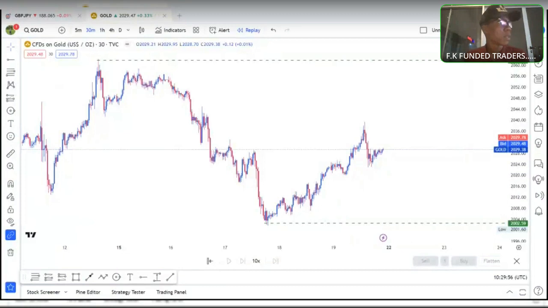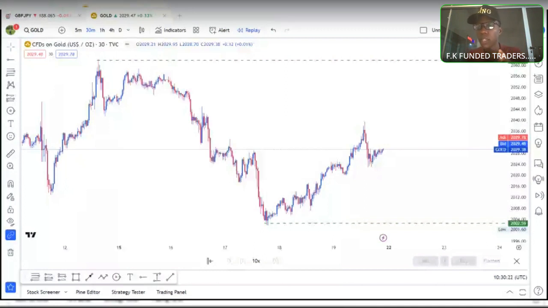Then GBP JPY always gives you good entries in the London session. Most of the time, JPY pairs are going to give you entries in the London session. Even GBP USD sometimes gives you an entry at London opening, then again towards the ending of the New York session.